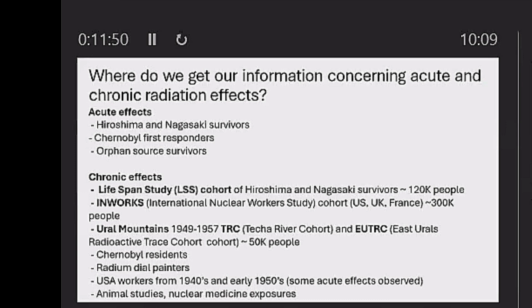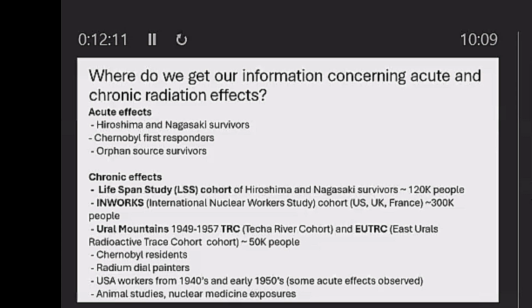this data we talked a bit about in the last slide. The Lifespan Study, the LSS, this is the atomic bomb survivor study, where it followed about 120,000 survivors. And this study is still going on. There's still survivors from Hiroshima and Nagasaki, and they're still collecting data on them.